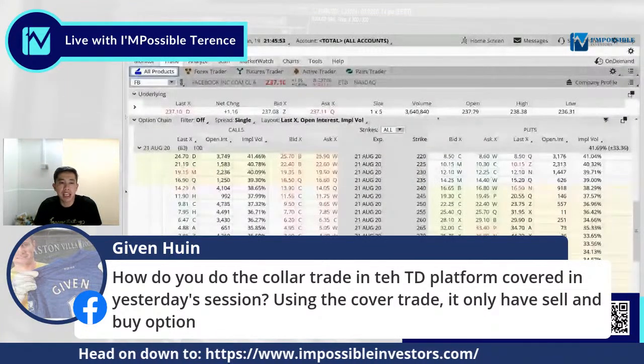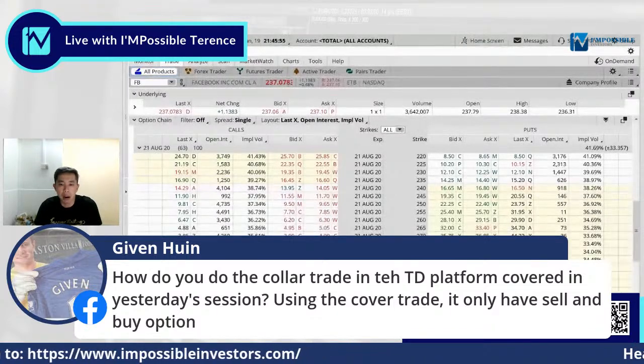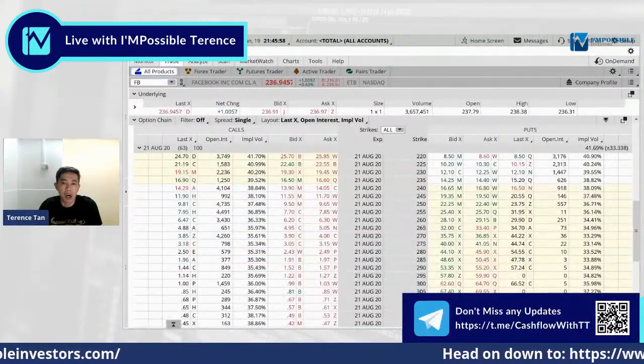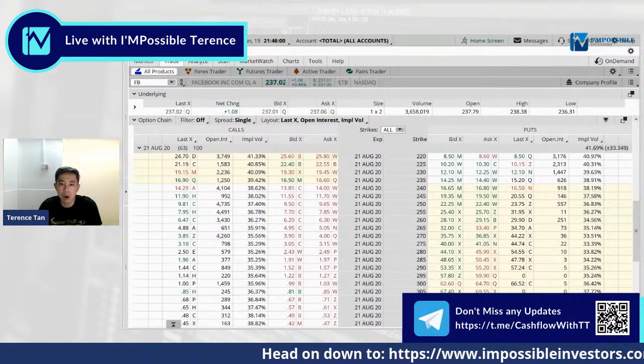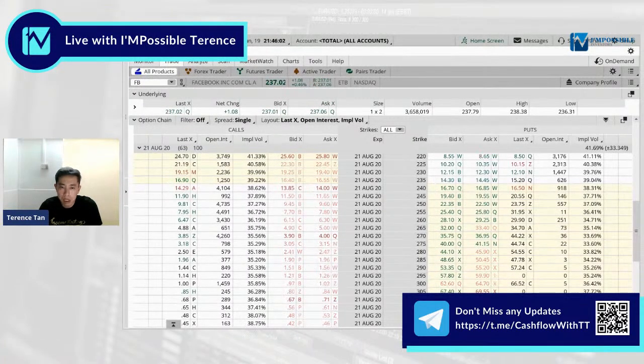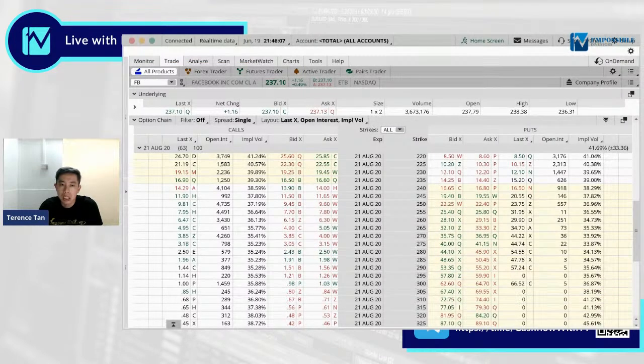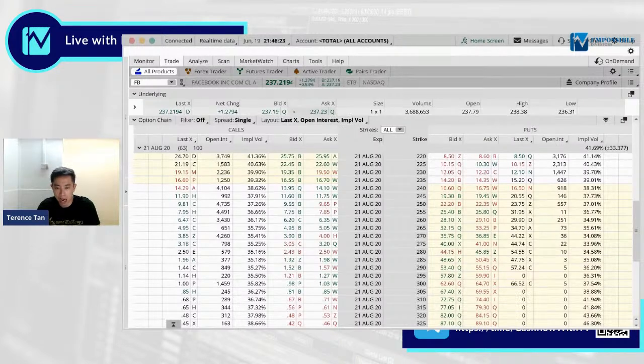Now let's just take Facebook. I have it on my screen right now, and it's probably a good stock to have a covered call on anyway, if you already have profits right now. If you don't own the stock yet, that means your entire order would need to include the stock ownership, so you probably have to buy the stock first.